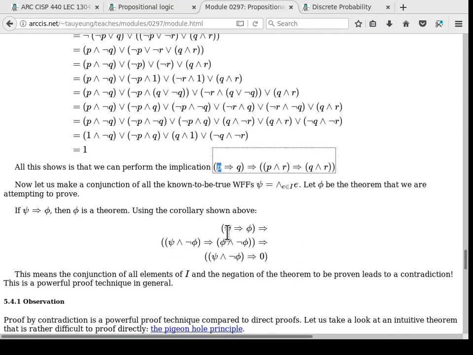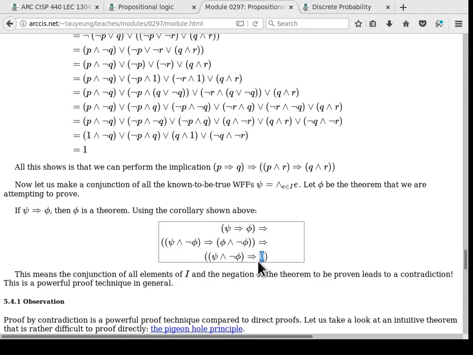So if phi in fact is a theorem and psi implies phi, then we can introduce not phi, the negation of the theorem, on both sides of the implication without changing the truthfulness of the implication itself, which also means that on one side we have phi and not phi, which automatically becomes false.